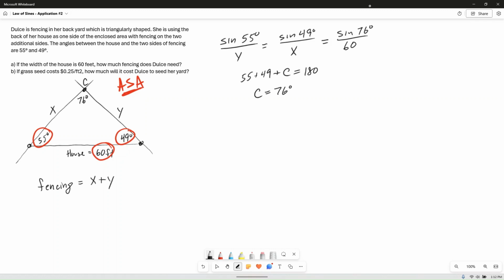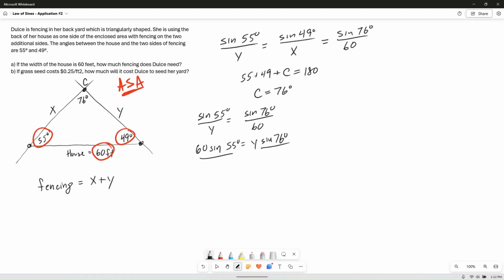All right, so my first proportion, I'm going to have the sine of 55 degrees over y is equal to the sine of 76 degrees over 60. We cross multiply. So 60 times the sine of 55 degrees is equal to y times the sine of 76 degrees.